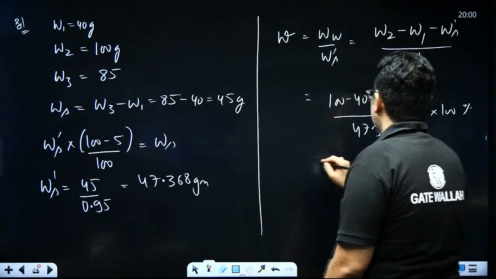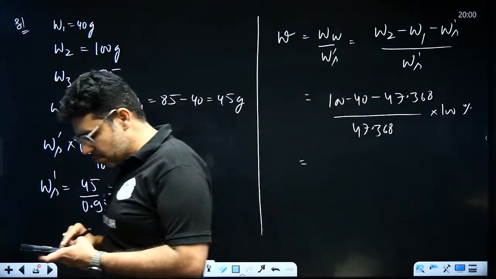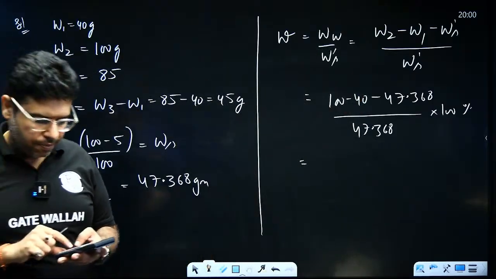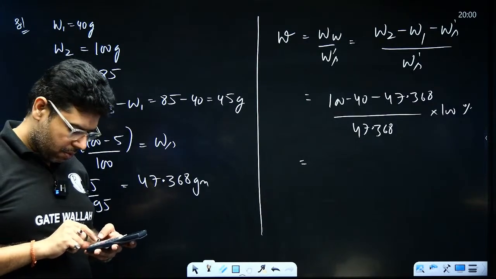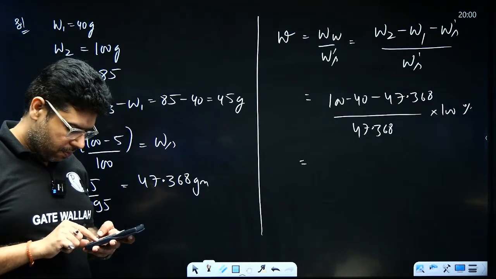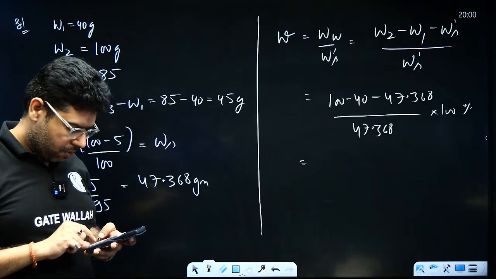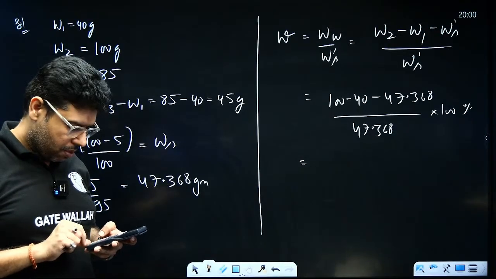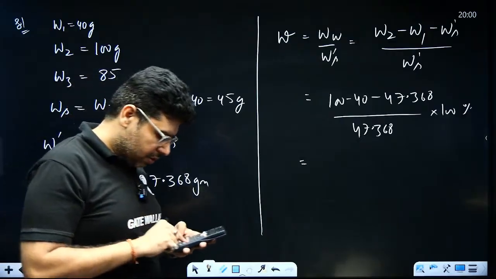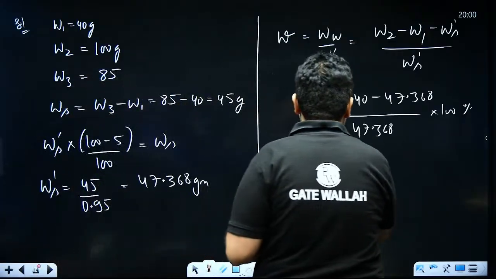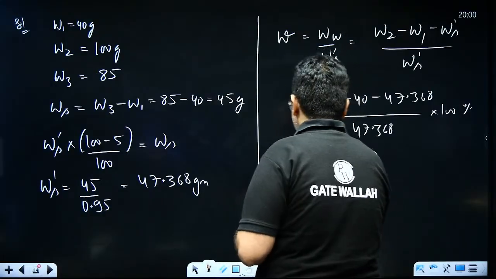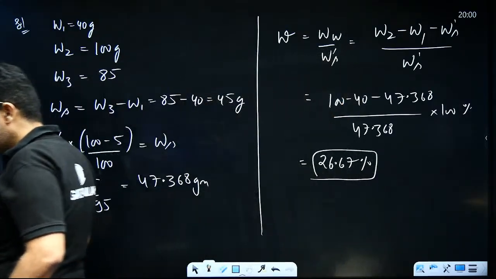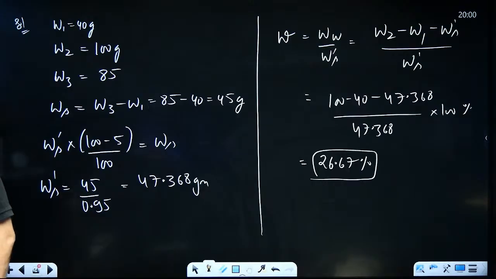So how much water content are you getting? Very interesting question, but simple only. It was not that tough. 0.266 into 100%, that is 26.67% is the correct answer. Clear?